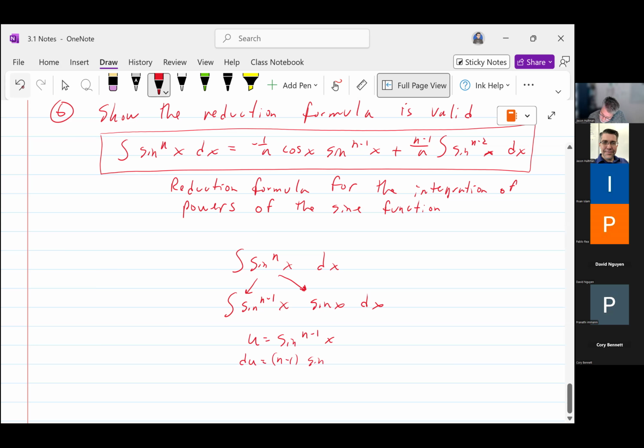This becomes sine to the n minus 2 of x, times, this is a chain rule, right? Times the cosine of x, that's the derivative of sine, dx. Okay, dv is going to be that sine x that I broke off. That means v is negative cosine x.